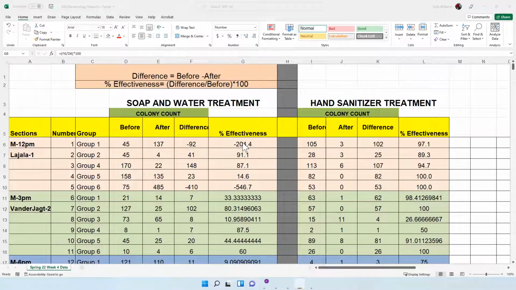Sorry, it started cutting me off there for a second, but percent effectiveness is the difference divided by the before times 100. For some of the negative ones, it's going to be kind of weird, but you can see 91% effective, 87% effective, 80%, 10%, and so forth. And then we have the same thing over here for hand sanitizer treatment: before, after, the difference, and the percent effectiveness, okay?